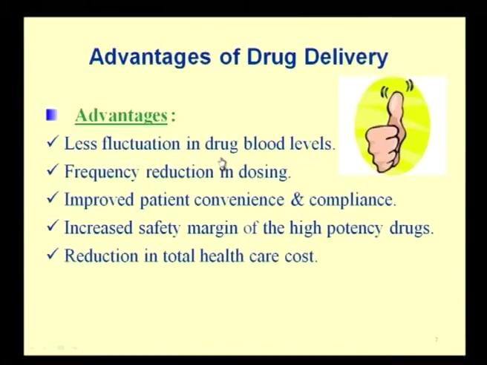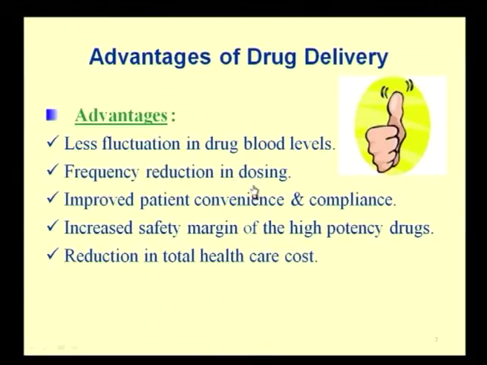It does not go beyond the maximum limit or the toxic limit, or come below the minimum effective limit. So, it stays in a sustained manner, in a controlled manner. It is well within the extreme limits, and there is less fluctuation when you make use of such delivery systems.